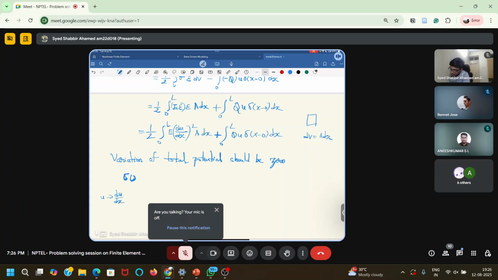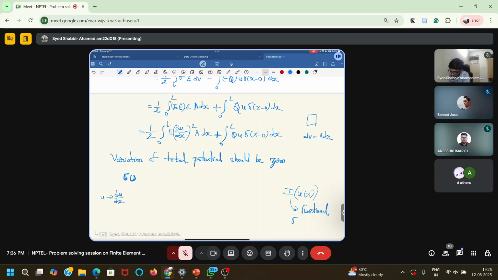But if u is a function of x, and there is some other function which is a function of u, then you can call it a functional. A function of a function is called a functional. For these problems, instead of using differentiation, we use something called variation.